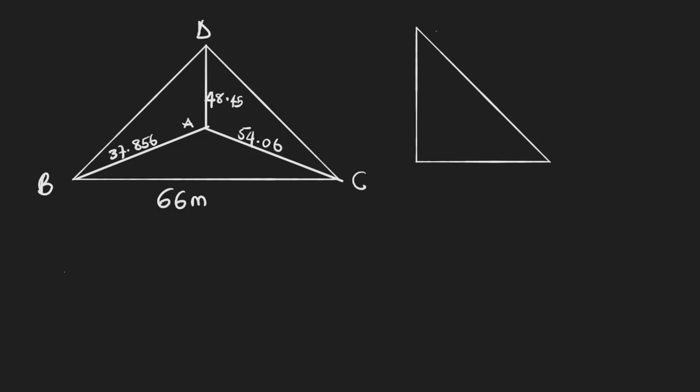This one is going to be D, this one is going to be C, and this place is going to be A. Remember that AD has been calculated as 48.45, and our AC is 54.06. With this, we will be able to calculate this angle first.